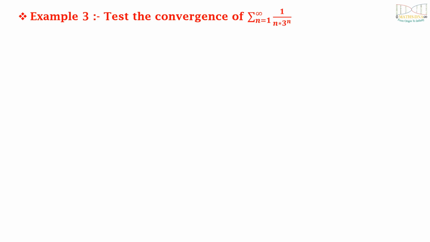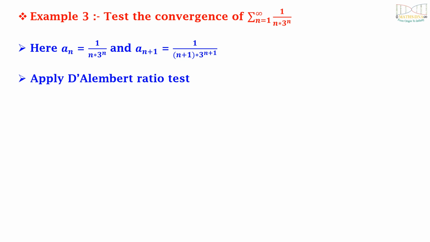Example 3. Test the convergence of summation n running from 1 to infinity 1 by n into 3 raised to n. Now here an equals 1 by n into 3 raised to n and an plus 1 equals 1 by n plus 1 into 3 raised to n plus 1. Now we apply D'Alembert's ratio test, which gives us limit n tends to infinity an plus 1 upon an equals limit n tends to infinity n into 3 raised to n upon n plus 1 into 3 raised to n plus 1.